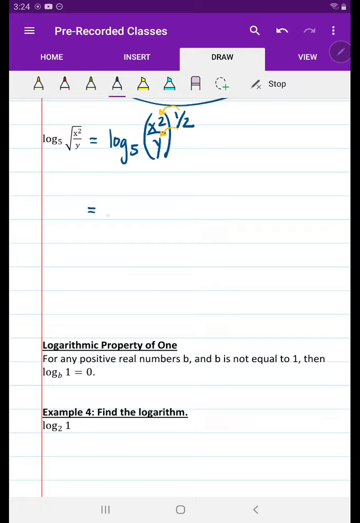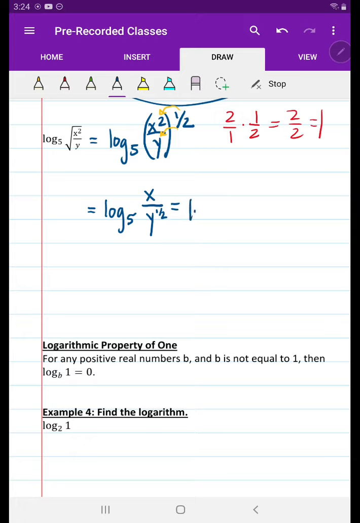And so if I do that, I'll get log base 5 of x to the 1, because if you go off to the side and think about that, 2 times 1/2 is just 2 over 2, which is just 1. So that's x to the 1. You don't have to write your exponent if it's 1. And then we'll have y to the 1/2. Okay? And then now I can separate those pieces of the fraction using subtraction.